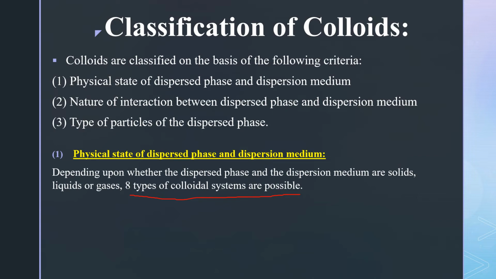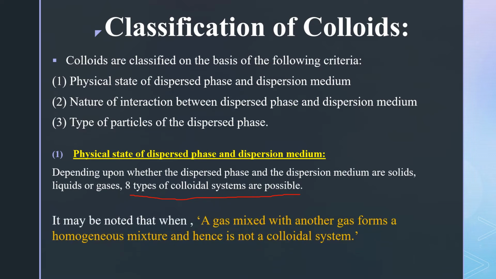On the basis of physical state of a dispersed phase and a dispersion medium, there are 8 types of colloidal systems which are possible. And it may be noted that a gas mixed with another gas forms a homogeneous mixture and hence it is not a colloidal system.